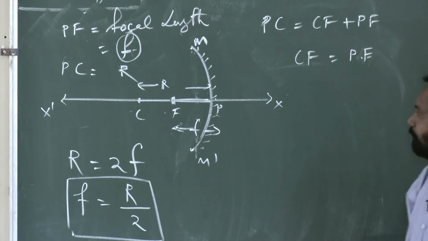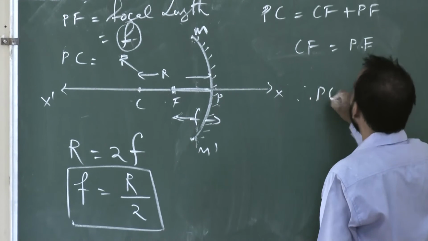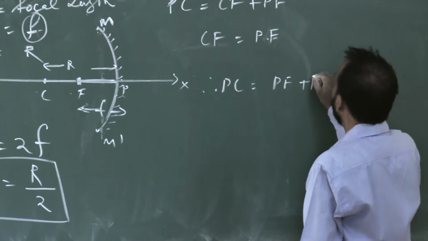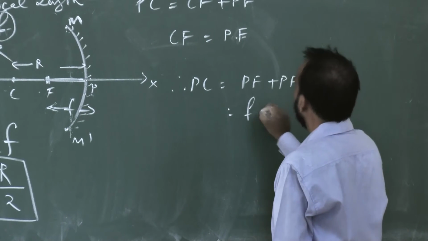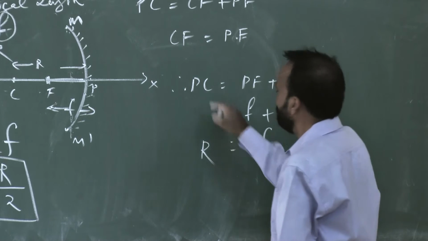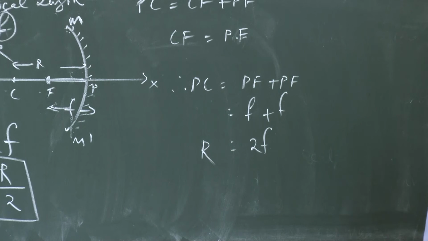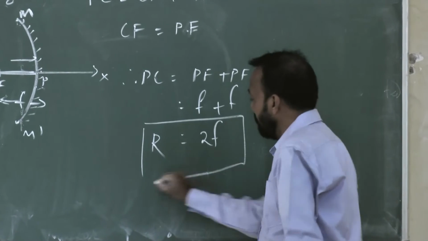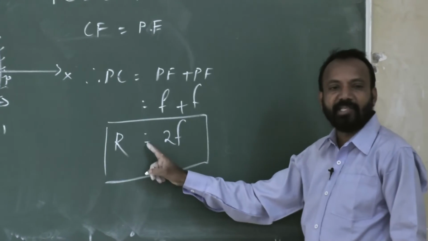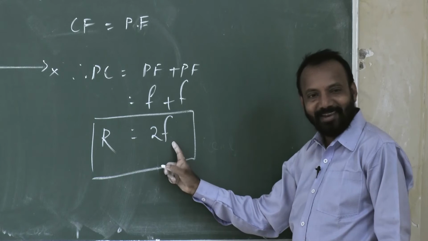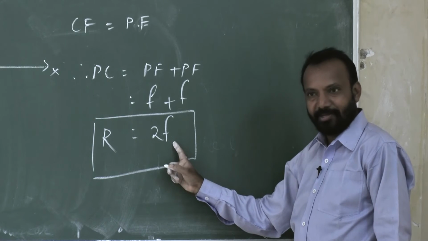F. So I can write, therefore, PC is equal to PF plus PF. PF is equal to f, so f plus f, that equals 2f. What is the symbol of PC? PC equals R. If PC is equal to R, the radius of curvature, then R is equal to twice the focal length, right?